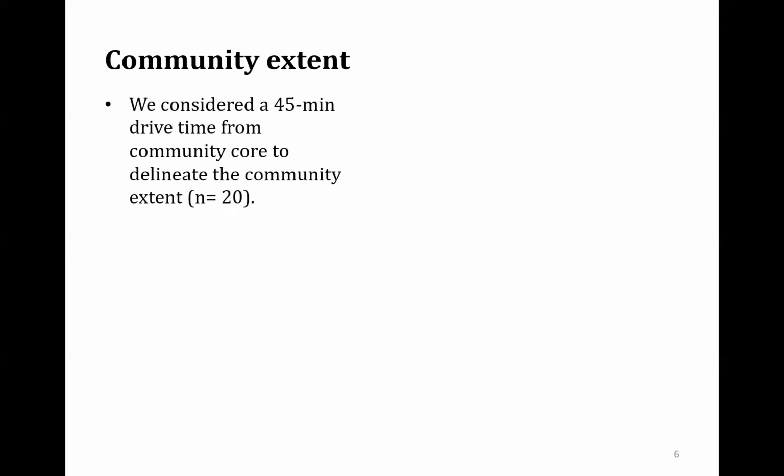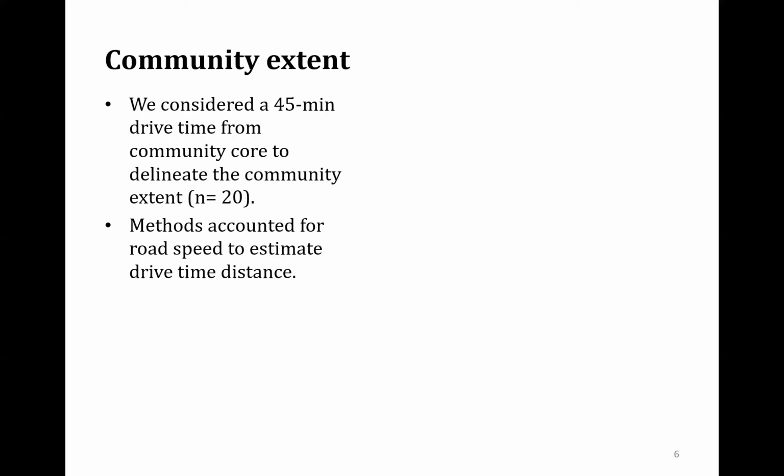First, community extent. We use the 45-minute drive time from the census block cores to delineate the polygons. We got 20 communities in this study area. These methods accounted for road speed to estimate the drive time distance.